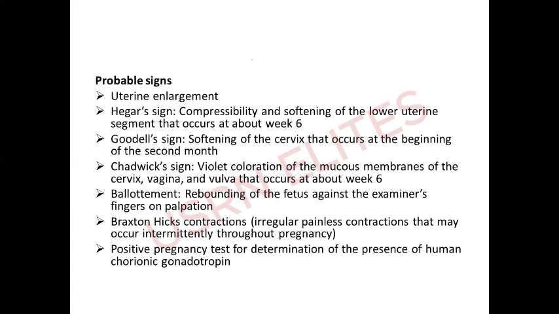The woman will tell you that she is having some form of contraction throughout the pregnancy, and it will come intermittently. It will be painless in nature. It will lead to no cervical dilatation. The woman will just have this form of contractions throughout pregnancy, and it can occur at any time during pregnancy.